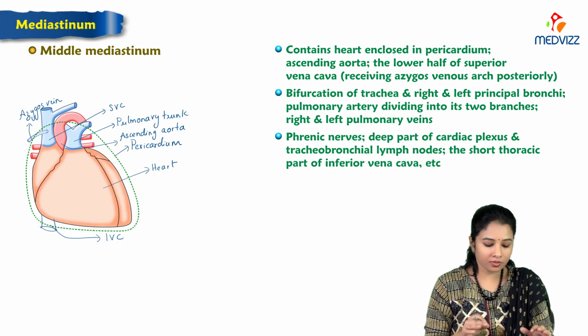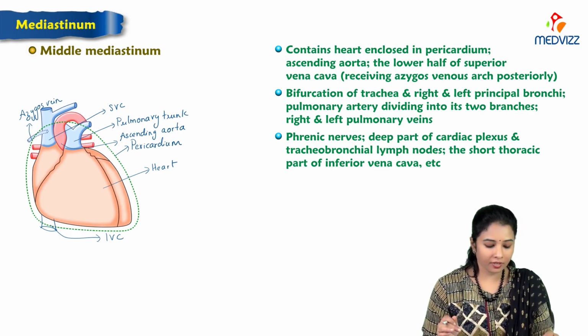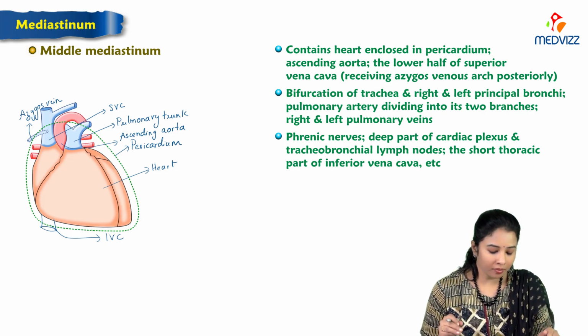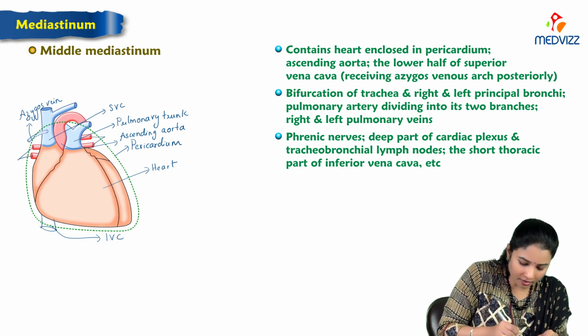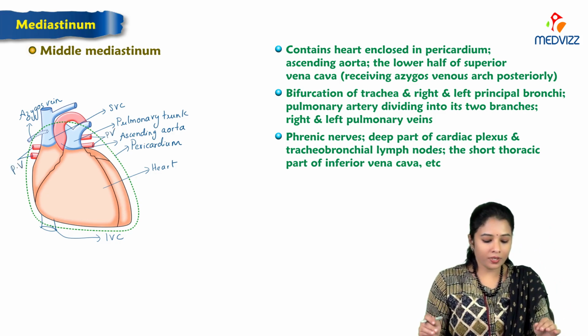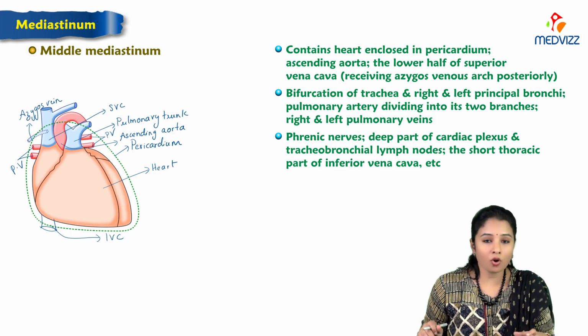These are the structures which can be appreciated in this schematic view. Also in the middle mediastinum, we can see the right and left pulmonary veins on each side opening into the left atrium of the heart.